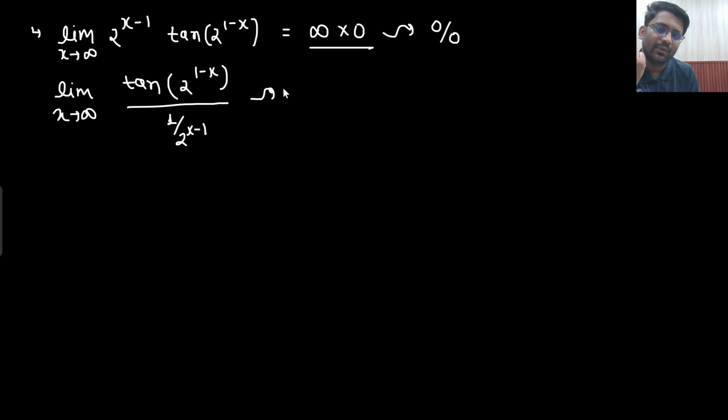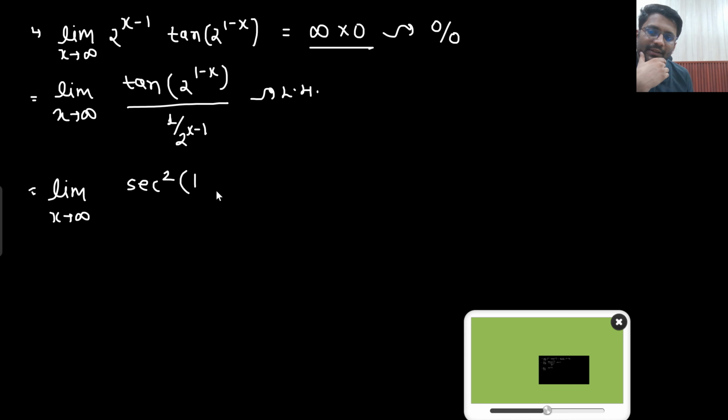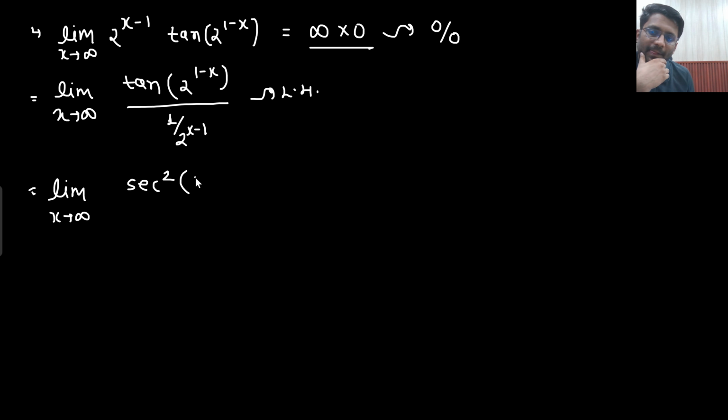Now I can apply the L'Hopital rule. So what will I get? Tan theta will have the differentiation sec square theta, right? Sec square theta. Now do the differentiation of whatever is inside. So 2 is a constant, 2 to the power minus x ln 2, and then there will be a negative sign.